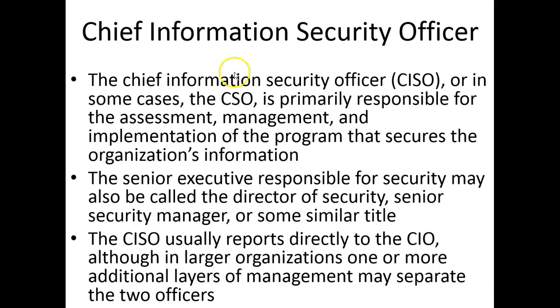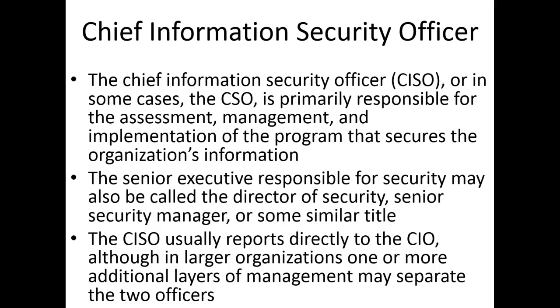So let's see who the Chief Information Security Officer is. Sometimes we call them the CSO. The CISO is primarily responsible for the assessment, management, and implementation of the program that secures the organization's information. This is a senior executive management position, and sometimes it may be called Director of Security or Senior Security Manager or something like that.